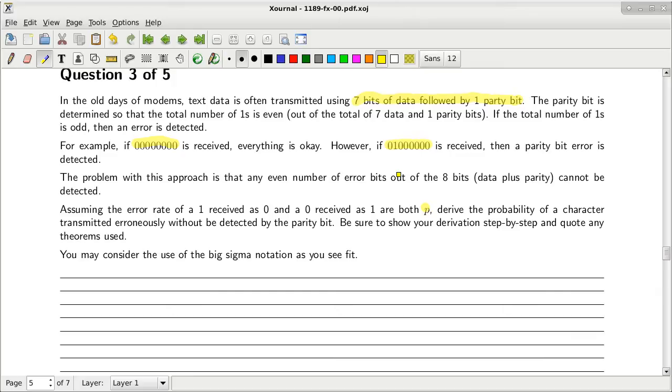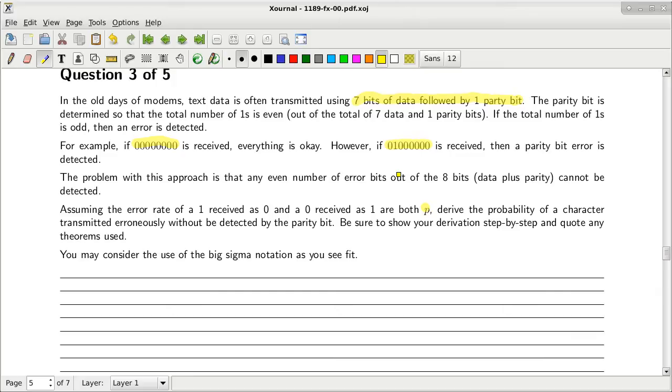Okay, so what we want to do, let me go ahead and write down the text version of the answer. The important thing in this case is to understand how many ways a character can be received erroneously but without getting detected.